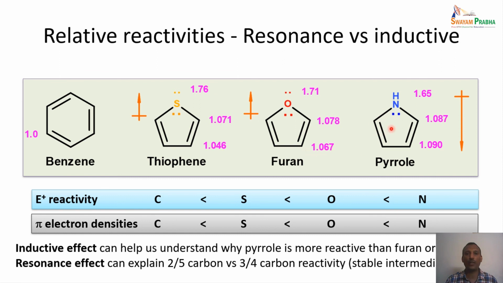So based on the solvent, based on the nucleophile, or based on the electrophile, or different reacting species, the product formation and the isomer formation varies. So in this particular case, the alpha carbon reacts very high in the case of pyrrole can be explained based on the stable intermediate formation, although it cannot be explained based on the electron density. So we have to be very careful, and this is one of the reasons when we talk about reactivity, we are only talking about relative reactivities.